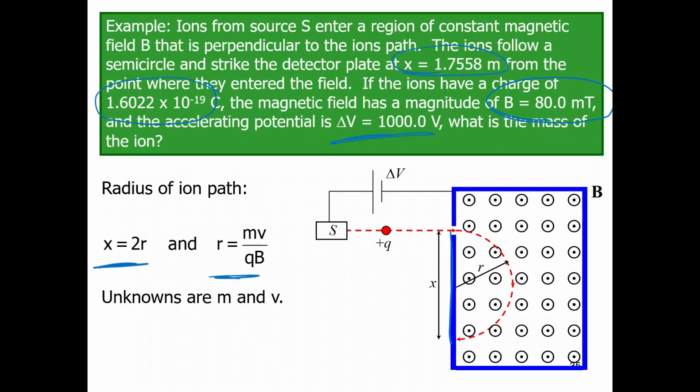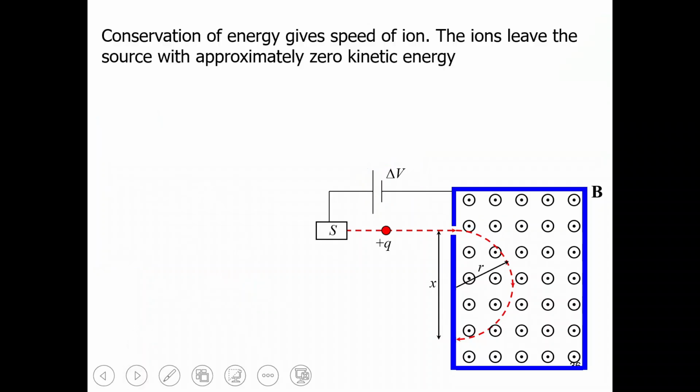So we need to find a way to figure out what speed these particles are entering that field at. So like I said, one option is a velocity selector, but that's not what we have here. However, we do have a known potential difference that is creating an electric field. So in this case, we're actually going to use conservation of energy to figure out the speed of that charged particle.